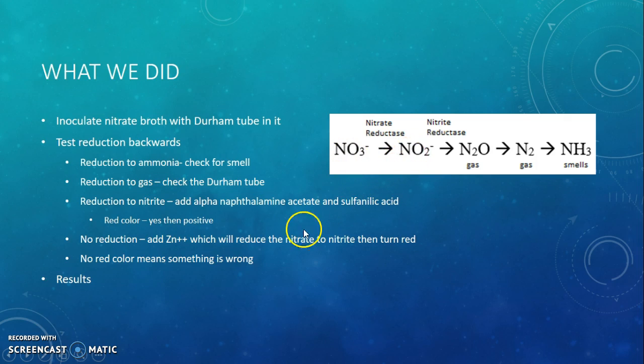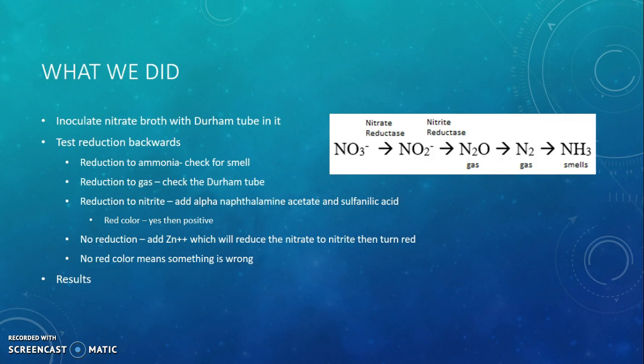What that means is you still have that alpha-naphthylamine acetate and sulfanilic acid in the tube that you added zinc to, so it does that reduction, and so it will then make a red color. If there's no red color made after you add zinc, then you did not have any nitrate to begin with. So it's kind of like a troubleshooting experiment, to make sure that you had that stuff in there. So if there's no red color produced after you add zinc, then something is wrong.